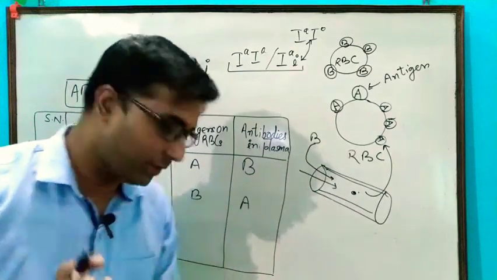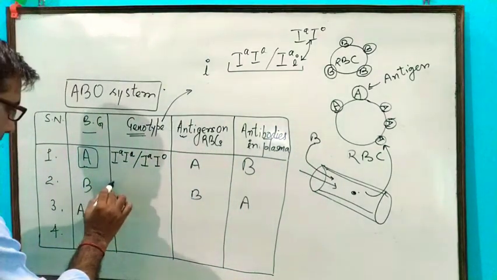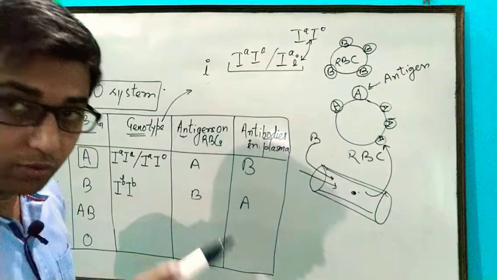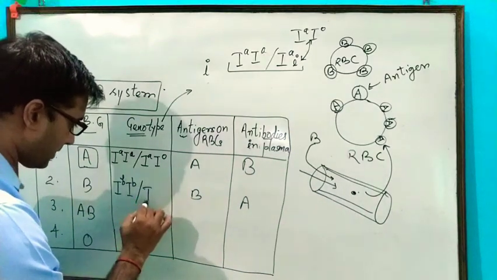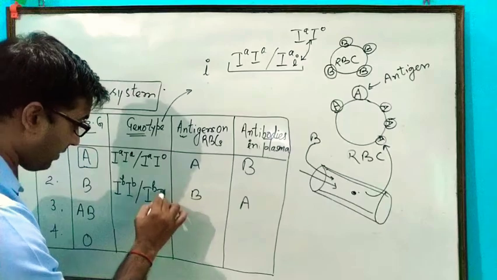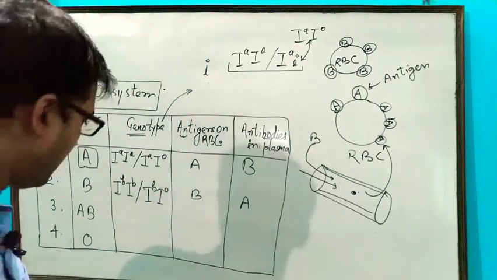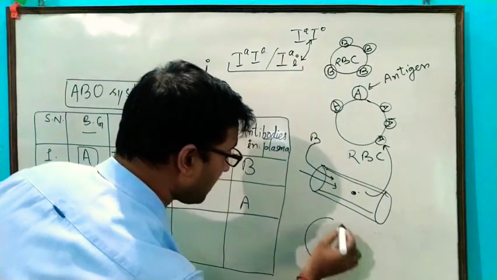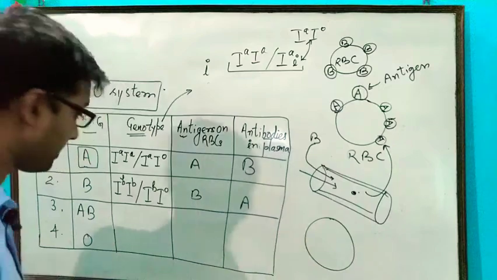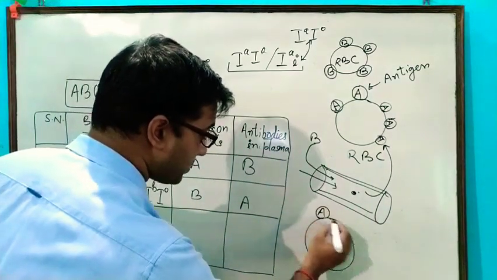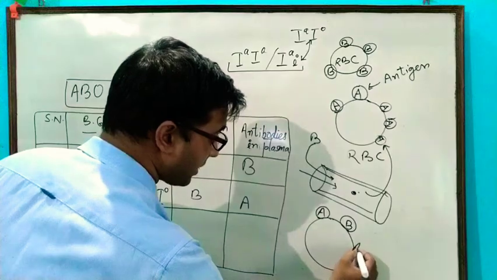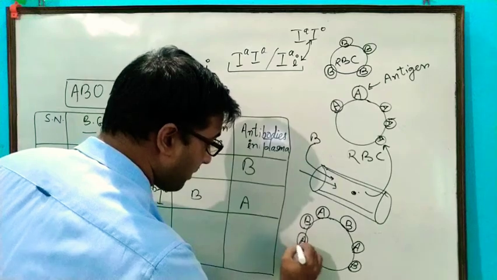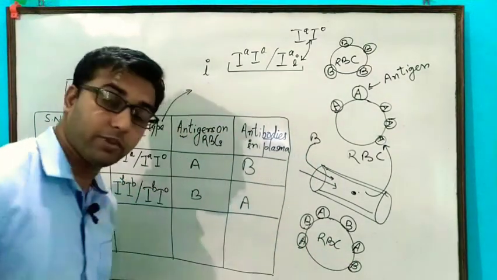Am I clear? Good. Now the genotypes are IB IB in case of homozygous conditions, whereas IB and i for the heterozygous conditions. The story will take a turn: some red blood cells have A antigen as well as B antigen on their surface.